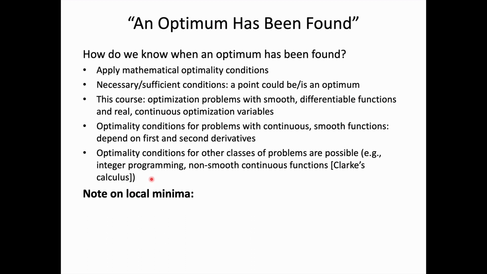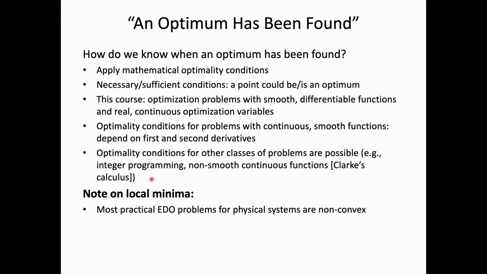Just a note here on local minima. When we are talking about finding an optimum, in this class we are almost exclusively referring to a local optimum. Most practical engineering design optimization problems applied to physical systems are non-convex problems.